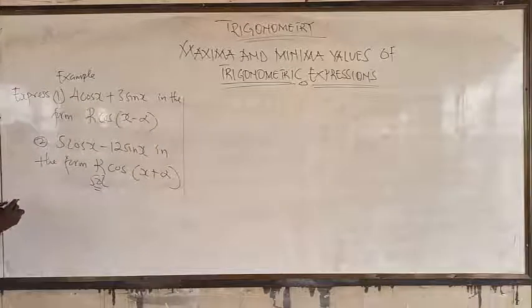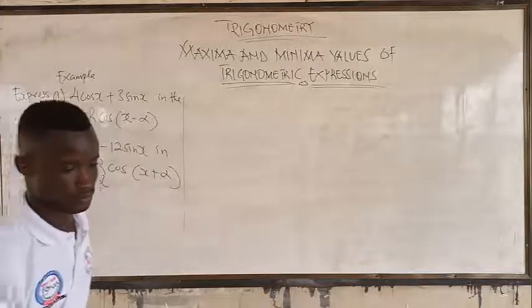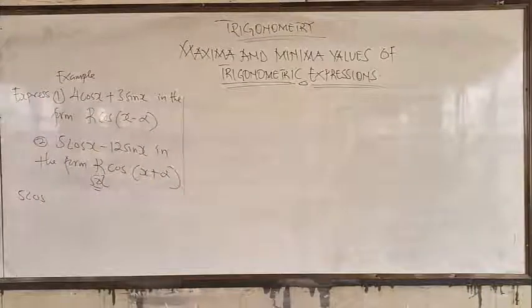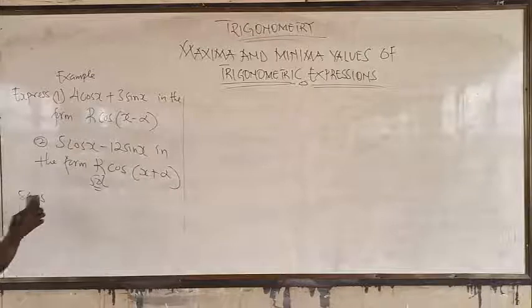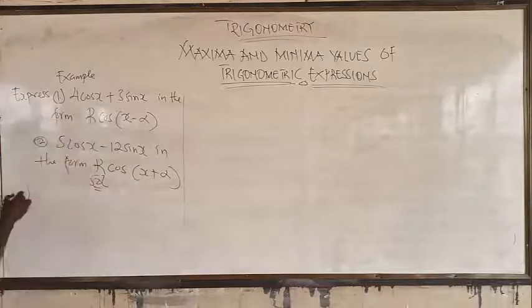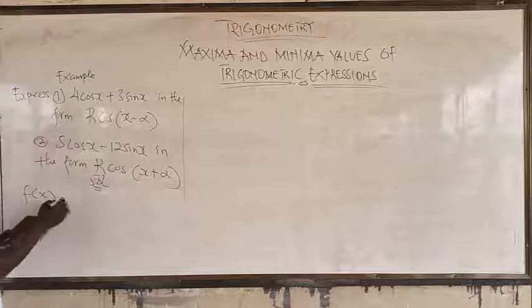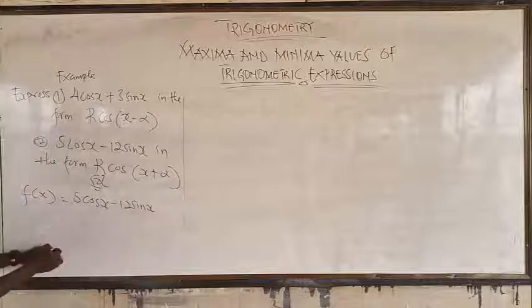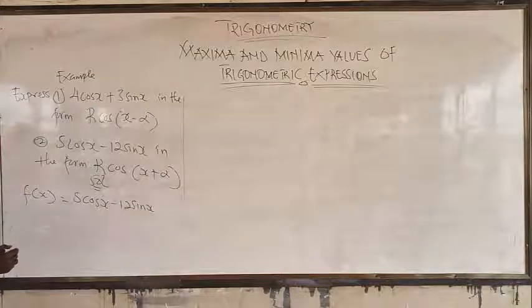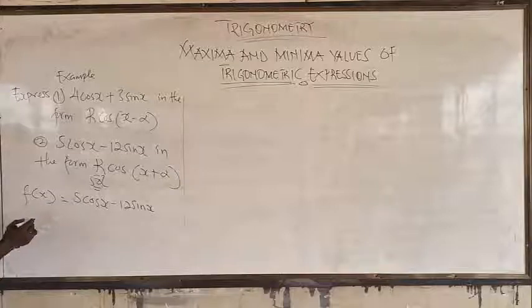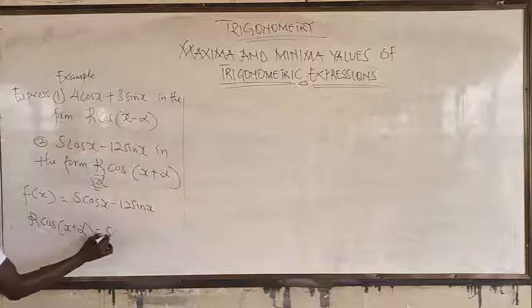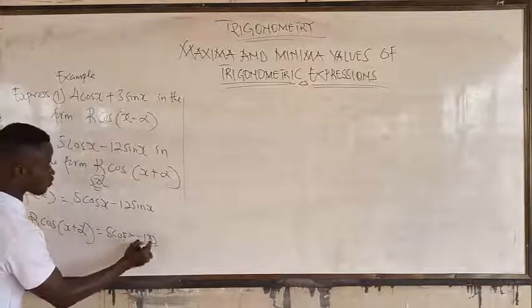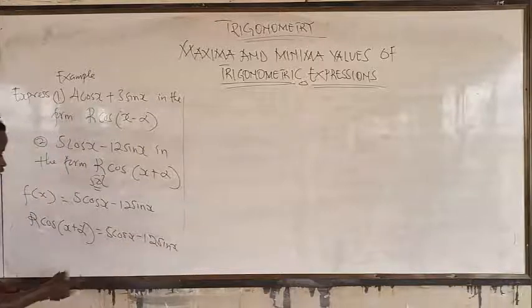Now we know that here we equate 5 cos. So we put f of x to be equal to 5 cos x minus 12 sin x. Then we equate r cos of x plus alpha to be equal to 5 cos x minus 12 sin x.